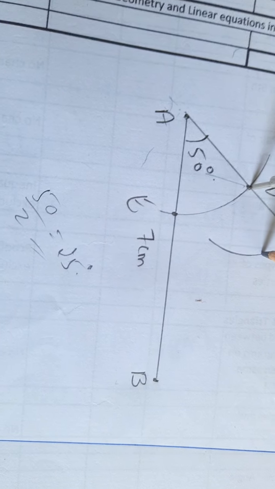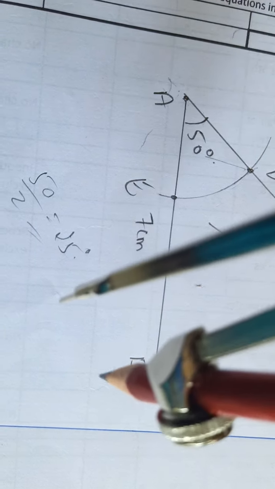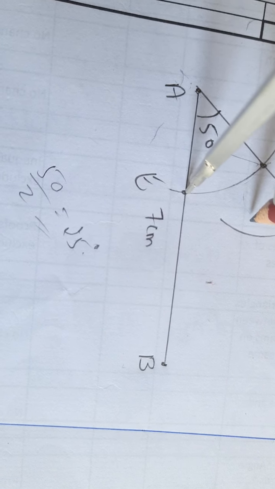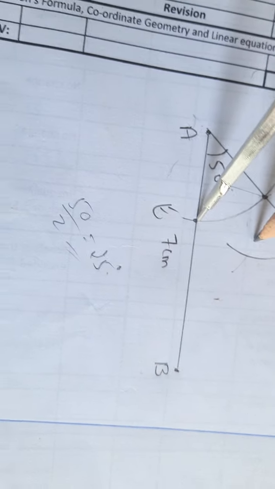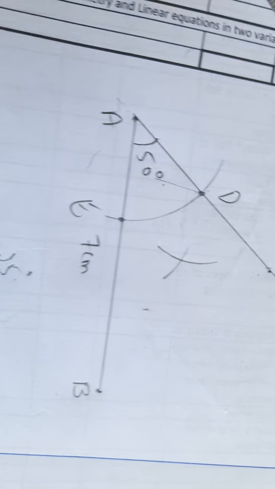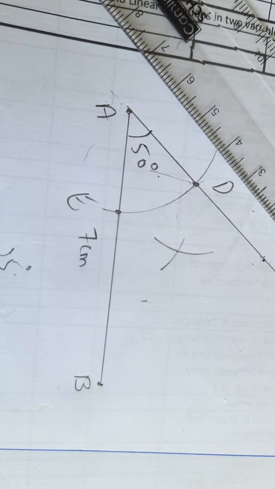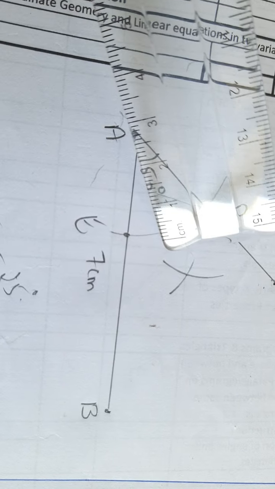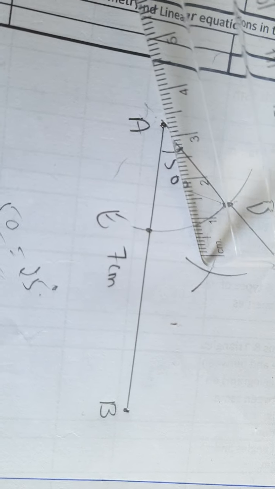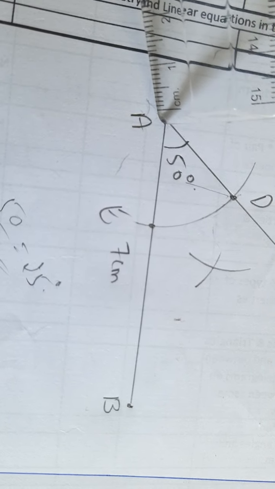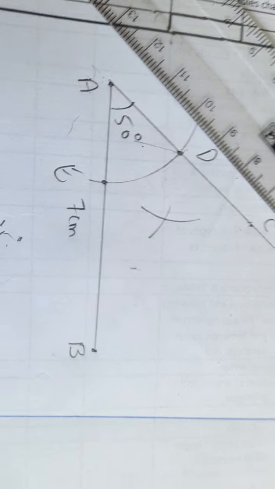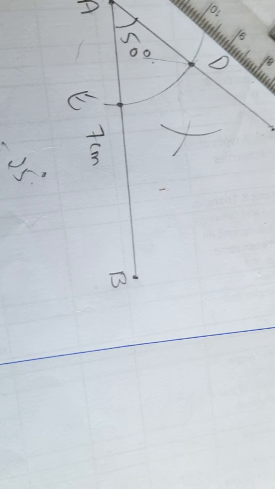Don't change the measurement of the compass. With the same measurement, keep it at E and cut an arc like this. Now both the arcs you drew from point D and point E are coinciding at some point. So let us label that point as F and draw a straight line passing through those intersecting points.